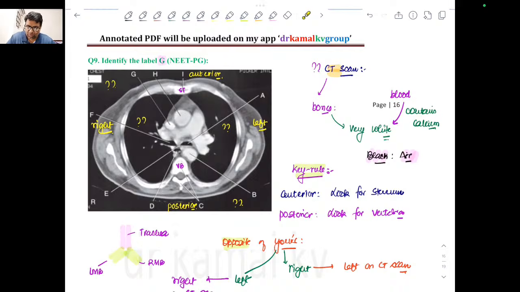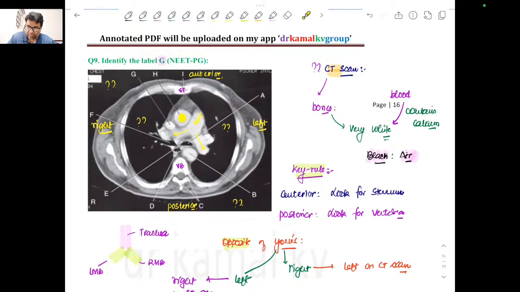Now let us go to the white impressions. What we can see here, something like this, is the main pulmonary trunk, and the main pulmonary trunk will divide into the right pulmonary artery and the left pulmonary artery.